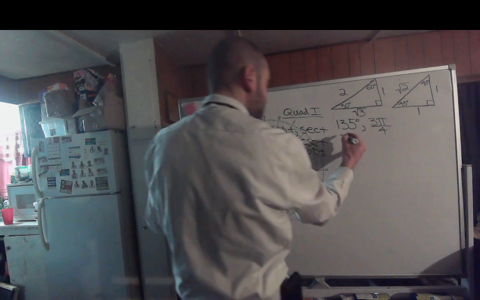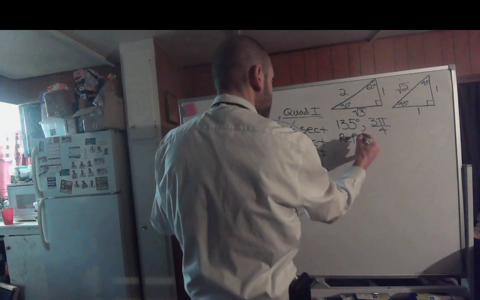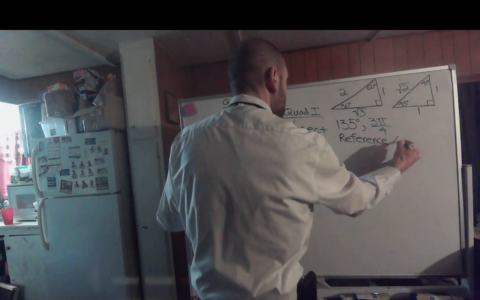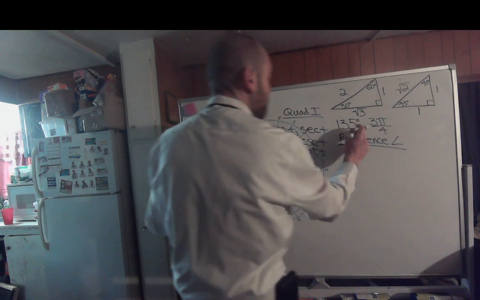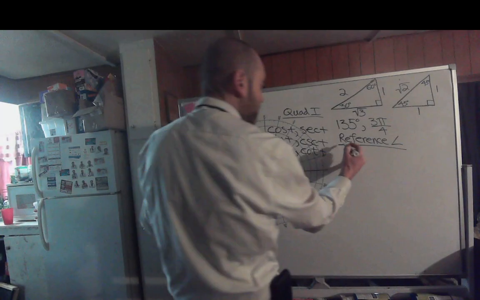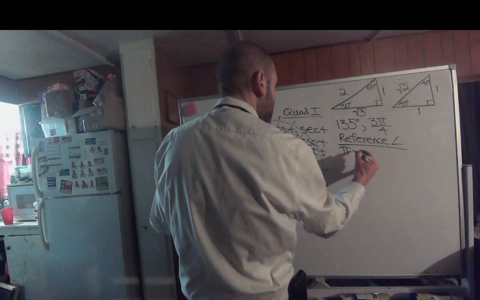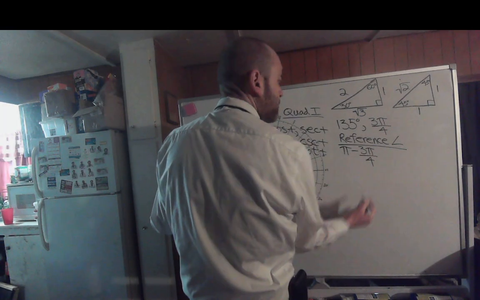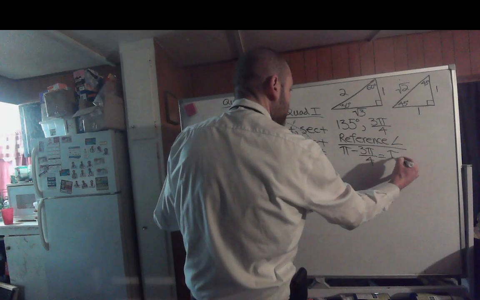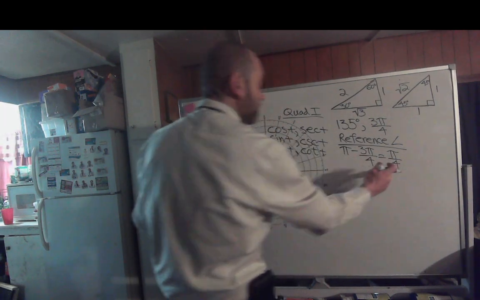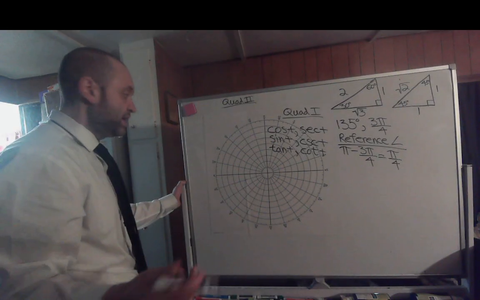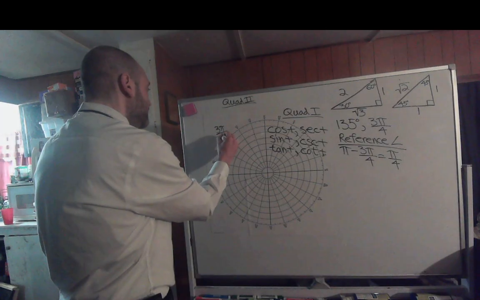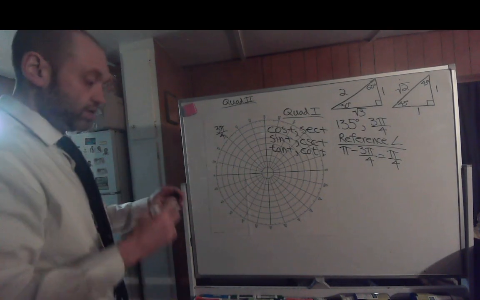Well, let's find the reference angle here for that. What's the reference angle for the 135 or the 3 pi over 4? So take pi minus 3 pi over 4, and that would just give you pi over 4, right? You're going to treat this like it's pi over 4 or a 45 degree angle. So here's 3 pi over 4 right here in the second quadrant again.